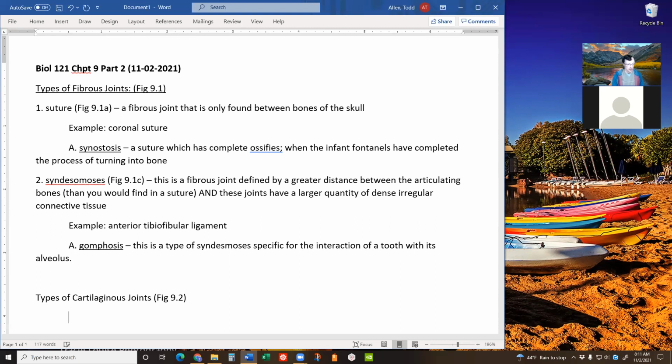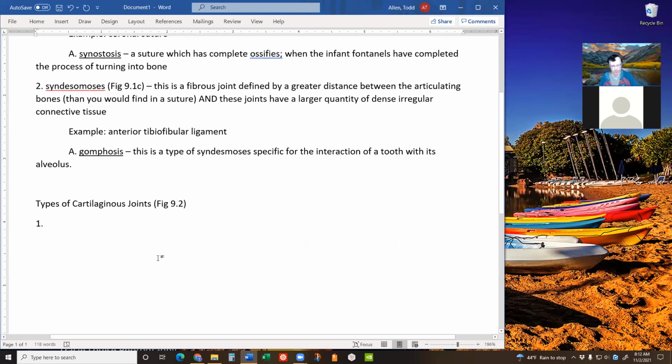Okay. All right. So let's talk about these. Remember, when we're talking about a cartilaginous joint, we're talking about a joint where the articulating bones that are interacting with each other are held together by either hyaline cartilage or fibrocartilage. Okay. So in terms of the types of cartilaginous joints in figure 9.2, we can point out two major categories.